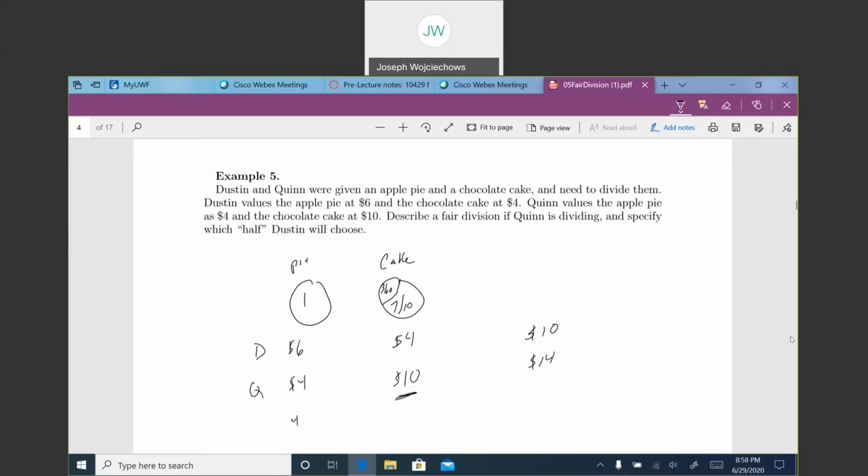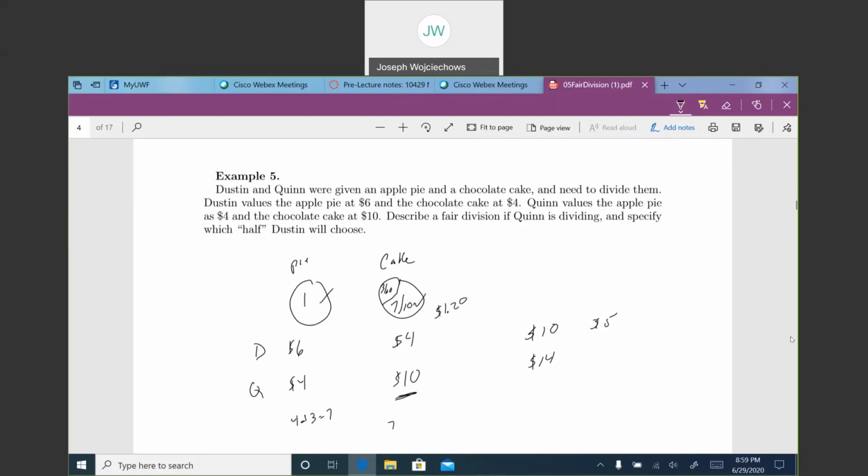Now Dustin over here, he's like, okay, you're going to give me this whole pie, and then you're going to give me 3/10 cake. A fair share would be $5 value. So just getting a pie, he's good with that right away, in Dustin's eyes. Plus 3/10 of this cake, which would be worth another $1.20 to Dustin.